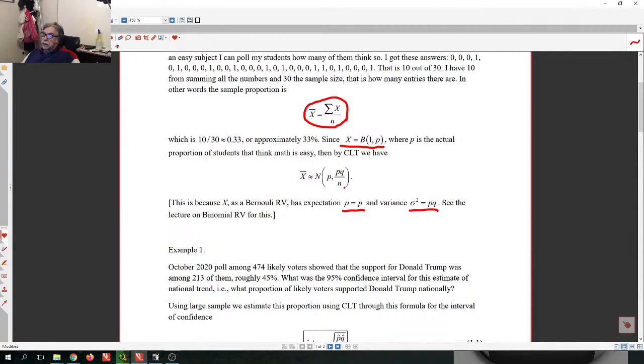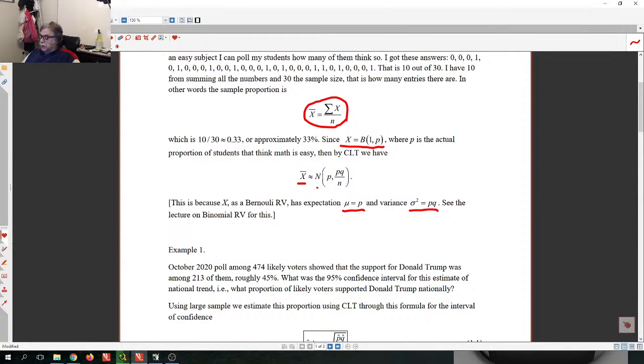So we know from the central limit theorem that if x has this as a mean and this as a variance, then x bar, the sample mean, the sample proportion as we call it here, will have the same mean as the original variable x, so that should be p, and the variance is going to be n times smaller. n is the sample size.